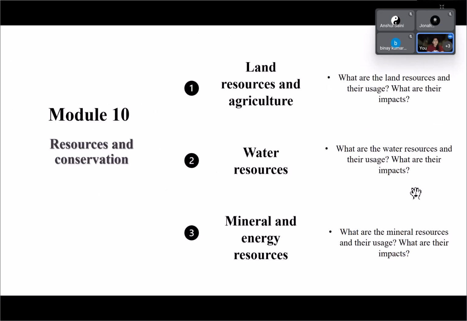There are three modules that cover human geography. One, we started by looking, okay, humans are present on Earth. How are they present? And what is the rate of population growth? In this module, we're going to actually see all these different distributions. Why are there different distributions? And what are humans actually using from the earth?